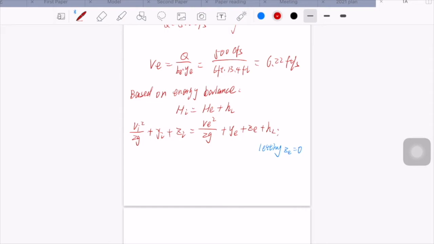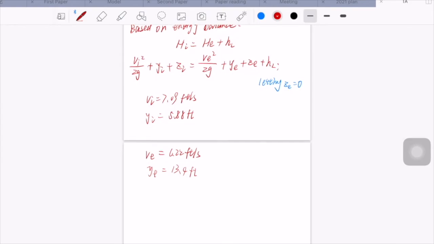And we know the VI equals 7.09 feet per second we determined before, and the YI equals 5.88 feet, and the VE equals 6.22 feet per second, and the YE equals 13.4 feet.